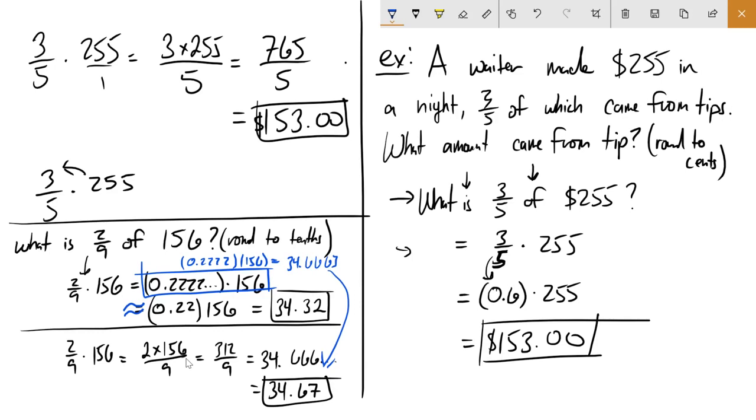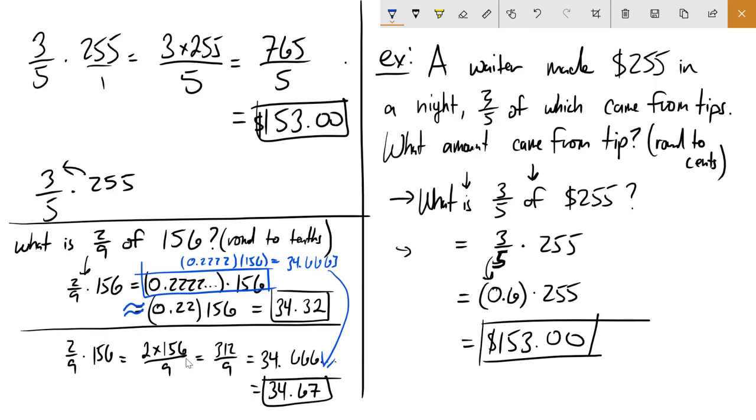But they'll round that to the hundredths, but then it gets blown up later because this actually is not 2/9. But this is literally 156 times 2 divided by 9, times 2/9. So this is a more accurate calculation. But yeah, that's why you put the squiggly sign there, so people understand that it's a rounded number, and it's not exact.